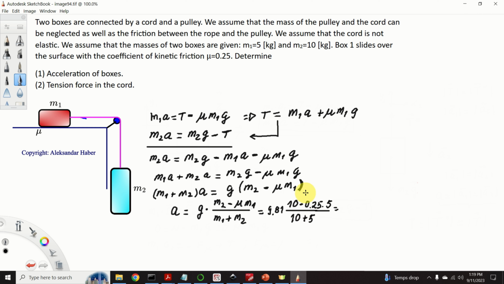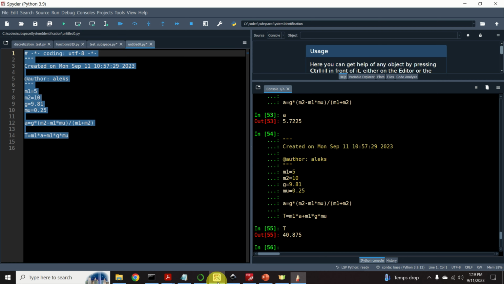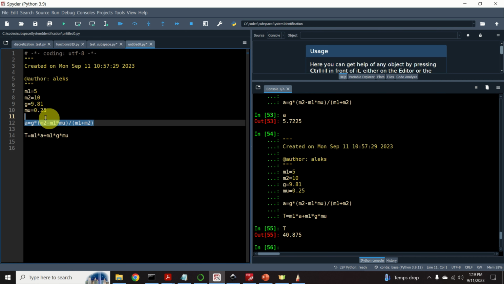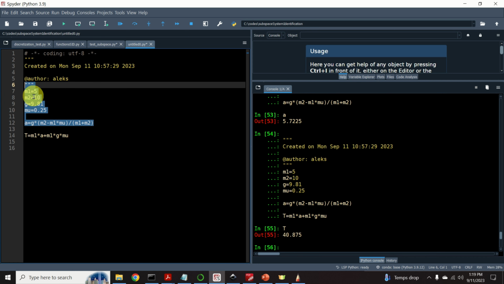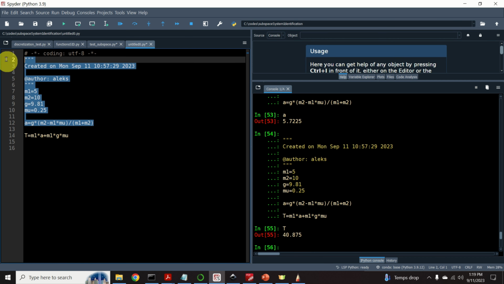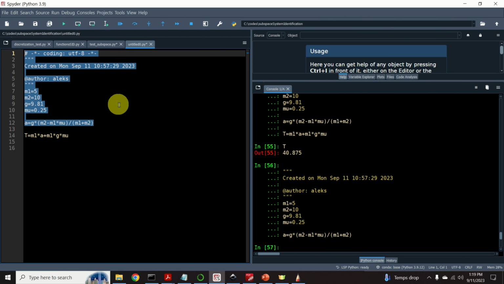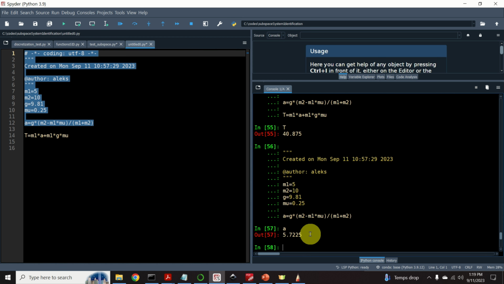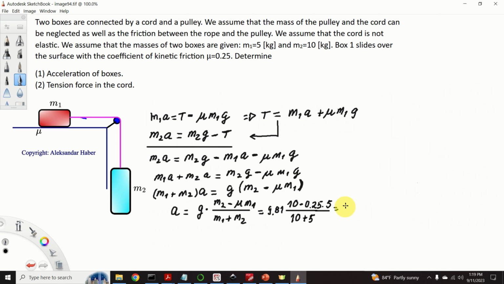I will use Python to compute this expression. Here it is. Here is my A. If I substitute m1, m2, g, and mu, and if I code the expression for A, I will obtain as the result A is equal to 5.7225, and the unit is obviously meter over second square.